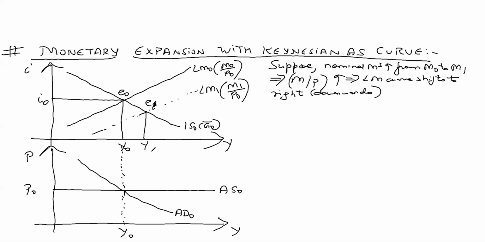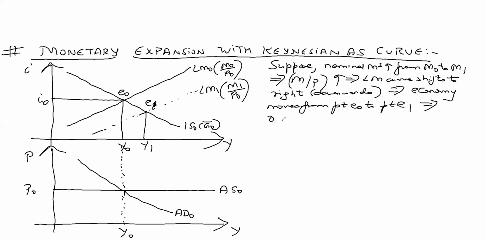Which implies the economy moves from point E0 to point E1, something which we have already done in the monetary policy chain, you know that now.